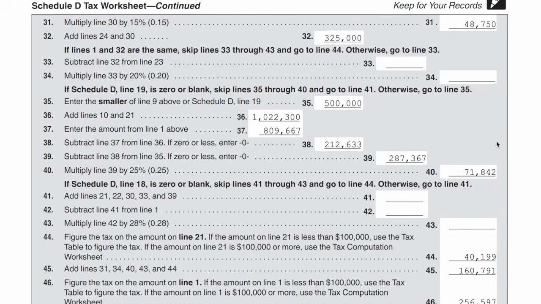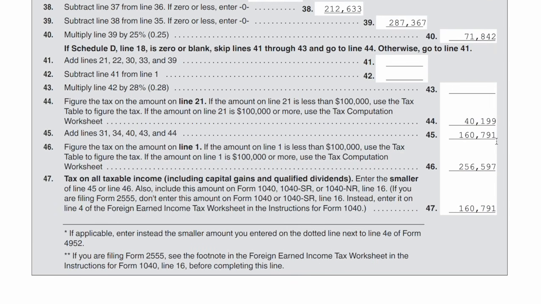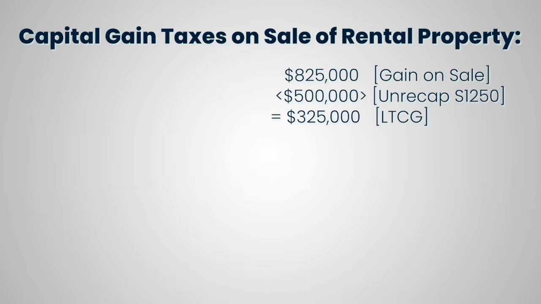And when you go through this schedule, which is a bit monotonous, the result is $160,791 of taxes.